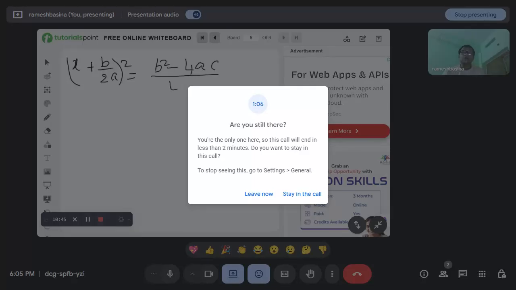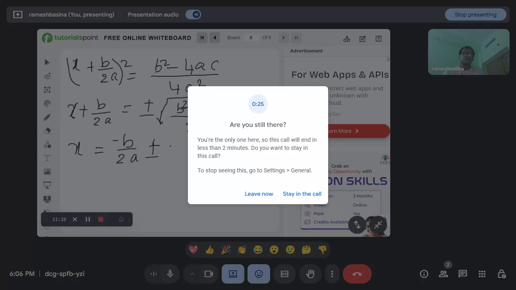Here, x plus b by 2a whole square. If you remove the square on this side, you will get plus or minus root of b square minus 4ac by 2a. Now here we are finding the root. You need to find the x value. Now x is equal to, sending b by 2a to this side, minus b by 2a plus or minus.